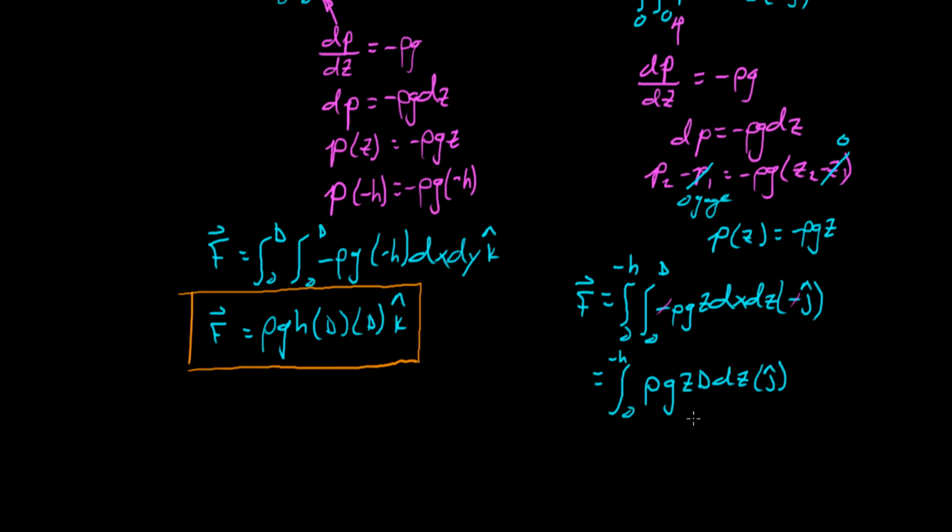And so now we have this integral with respect to z. Well, z is in there, and so you're going to get rho g d. The j hat comes forward.